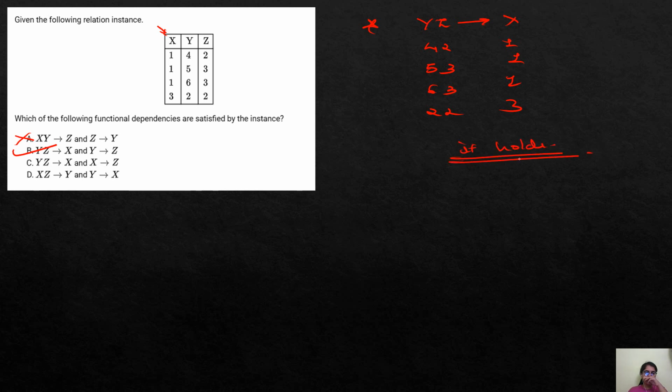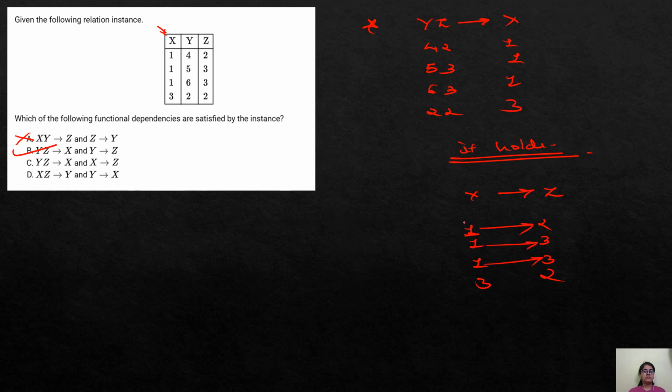Now let's check for X and Z. The X values are 1, 1, 1, 3, and Z values are 2, 3, 3, 2. So for 1 we have 2, for 1 we have 3, and for 1 we have 3 also.